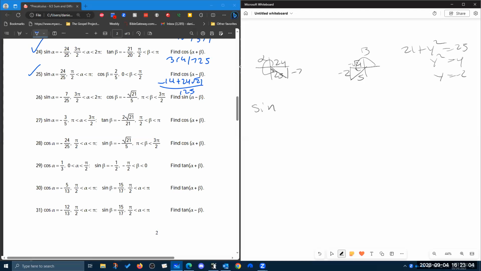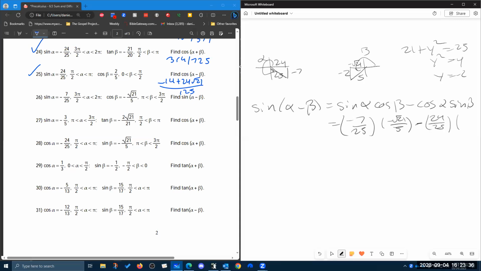I want to find sine of alpha minus beta, which is sine alpha cosine beta minus cosine alpha sine beta. So sine of alpha is negative 7 over 25, cosine of beta is negative root 21 over 5, minus cosine of alpha is 24 over 25, sine beta is negative 2 over 5.